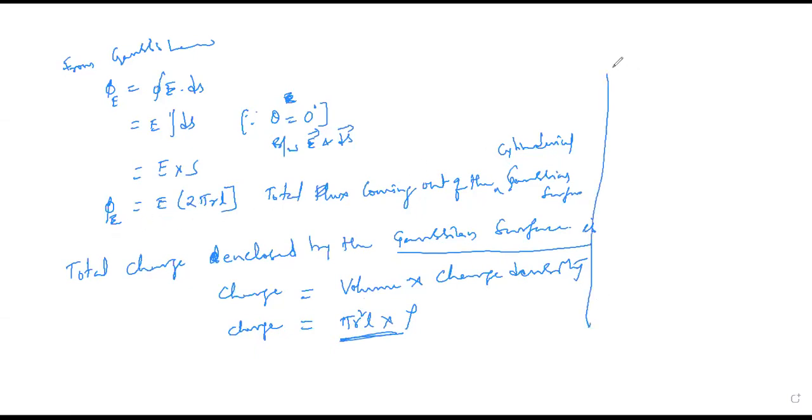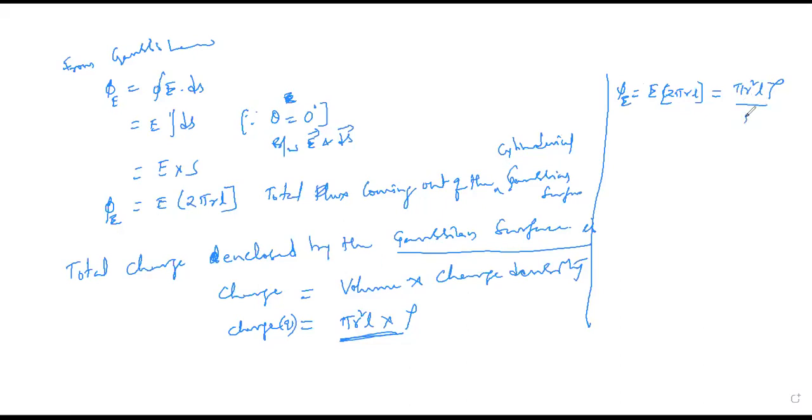From Gauss law, psi_E is equal to what we got: E into 2 pi r L is equal to Q by epsilon naught. The Q value we got is pi r square L into rho.